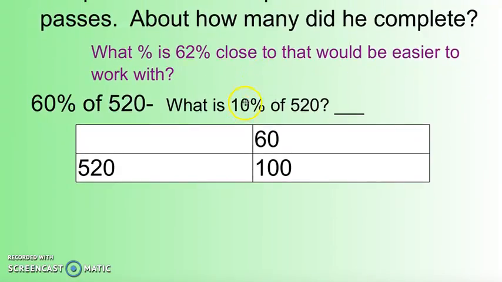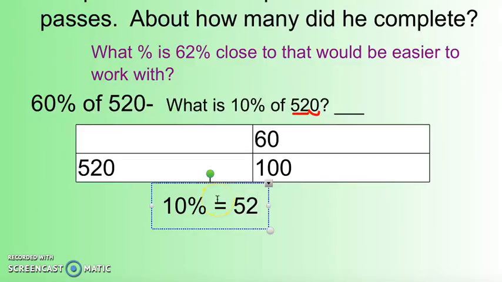Well, to find 10% of a number, I notice 10% only has one zero in it. And so what that means is I just move my decimal back one place. So 10% of 520 is 52. Okay, so if 10% is 52, what would 60% be?